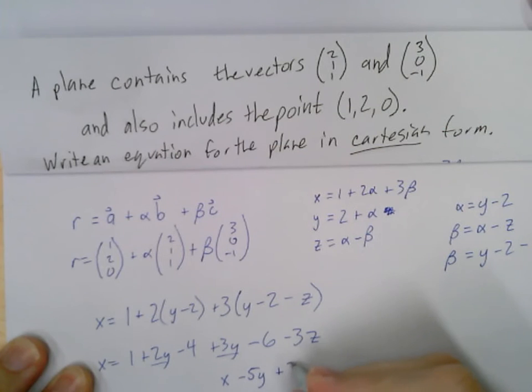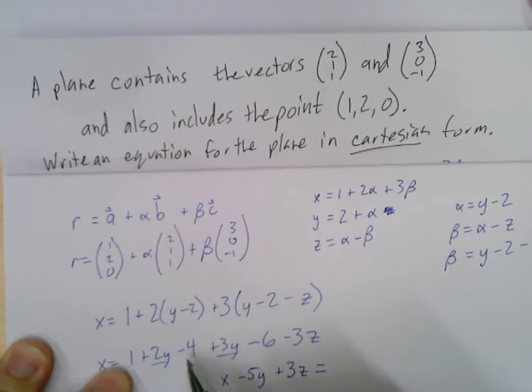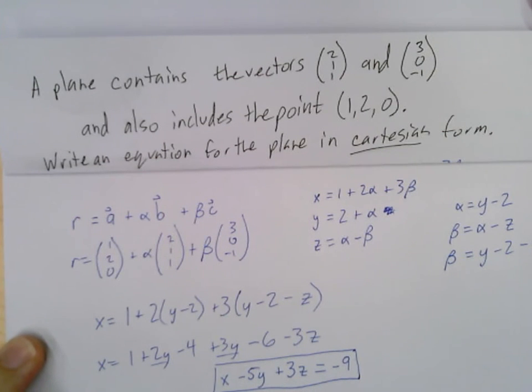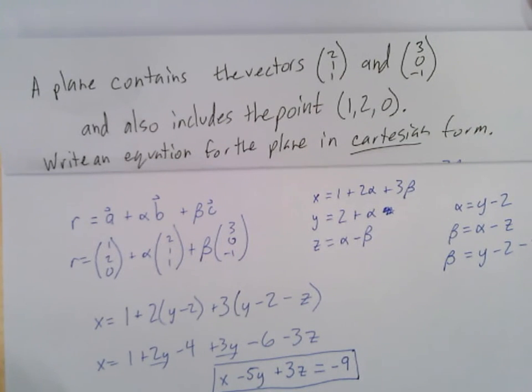So that's going to be plus 3z. And that will be equal to the 1 and the negative 4 and the negative 6, which are all still here, giving me a negative 9. And this is the Cartesian equation for a plane. All right? Very good. That's it for this video.